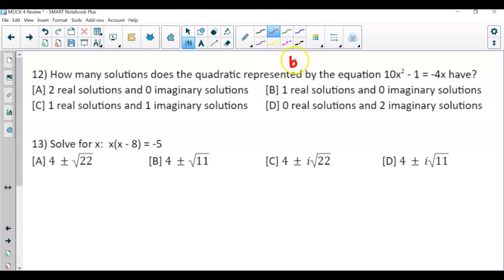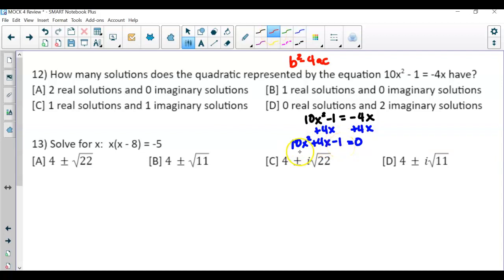So this is again b squared minus 4ac, where we find the discriminant. However, if you notice, and I'm going to rewrite this, my equation 10x squared is equal to negative 4x. When we need it equal to 0, I'm going to first add 4x to both sides. So now that my equation's equal to 0, I have 10x squared plus 4x minus 1.